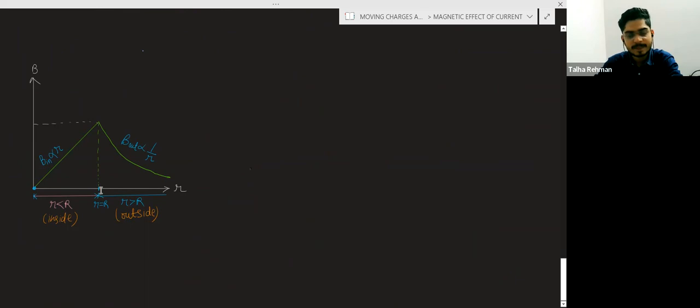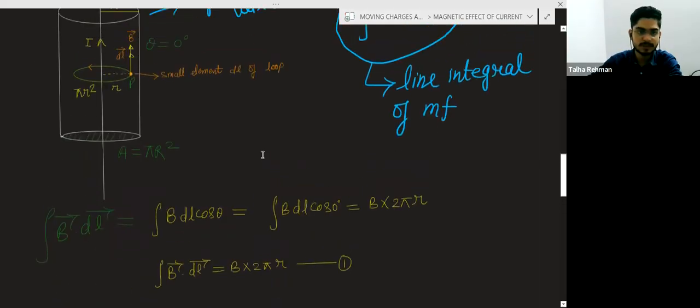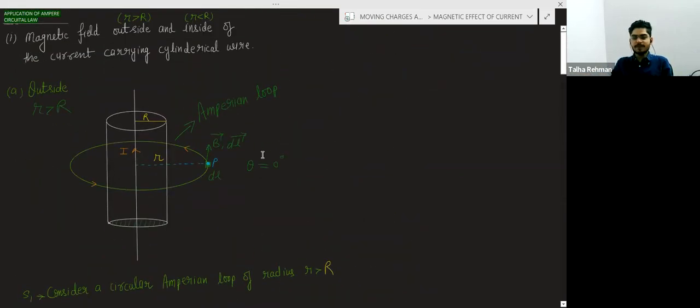So just copy this graph. This is the graph between the magnetic field and r, the distance. Here we have just applied Ampere's law to calculate the magnetic field at some point.